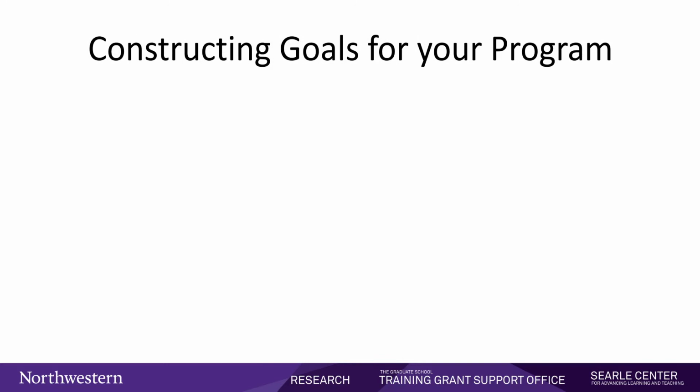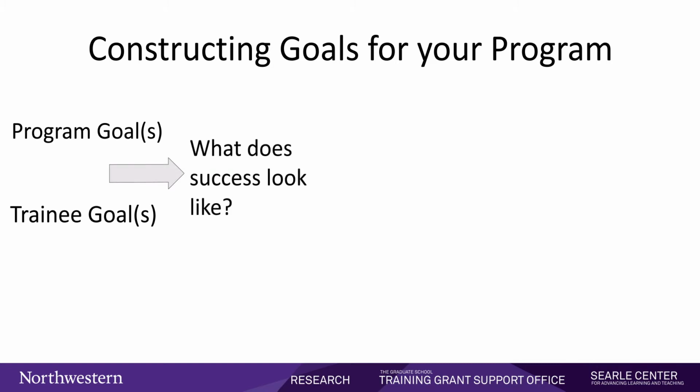The key to constructing both program and trainee level goals is to think about what success would look like. At the program level, success might be having created a course, workshop, or coding boot camp that are all aligned to enhance trainees' quantitative skills.